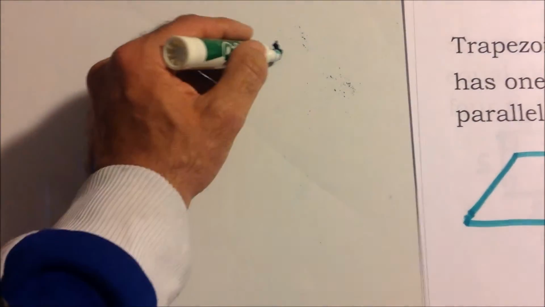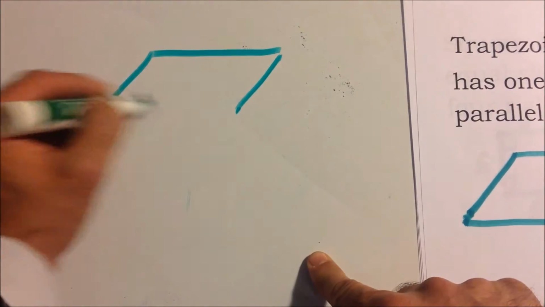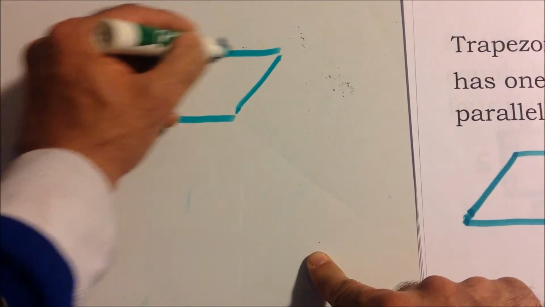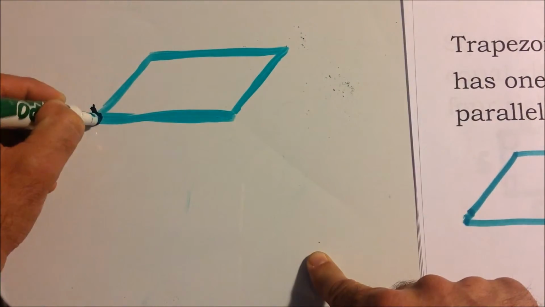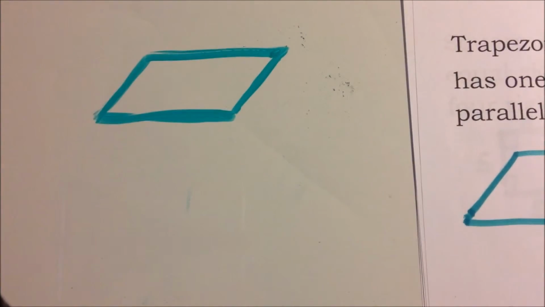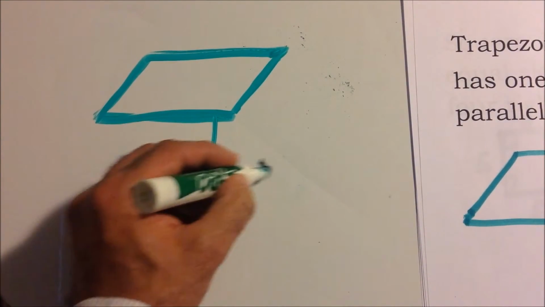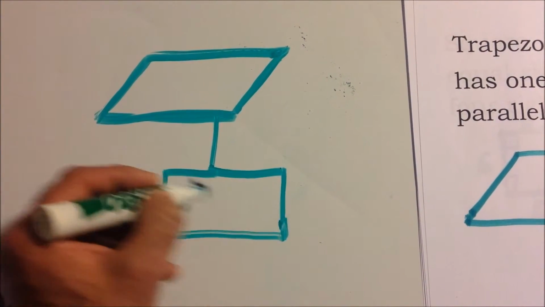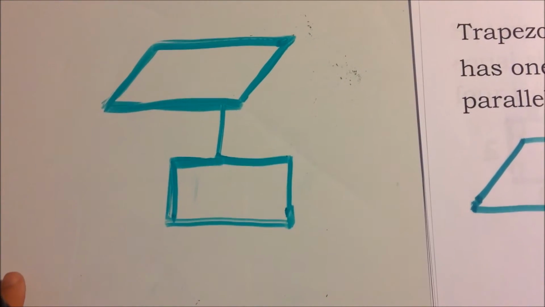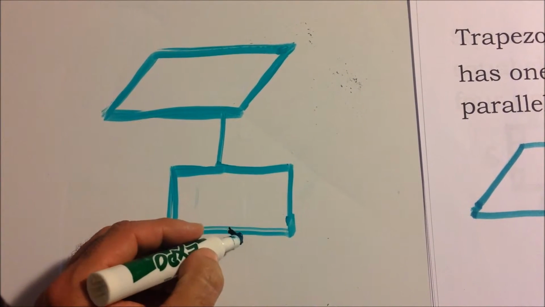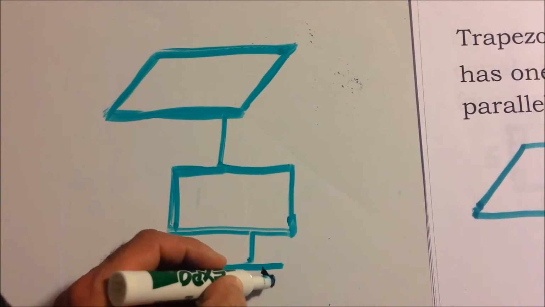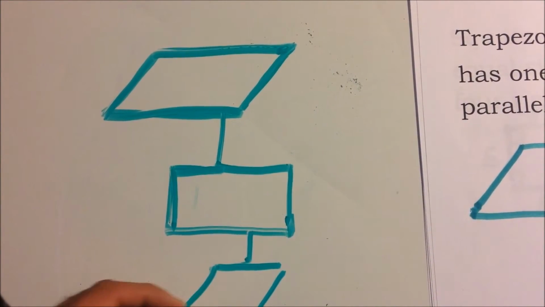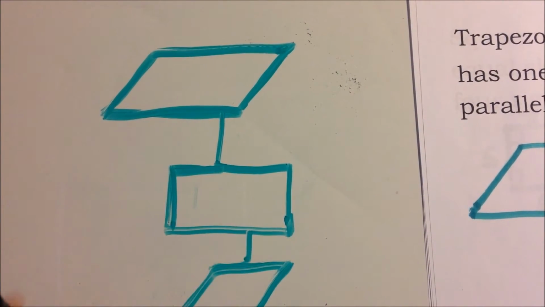So again, we can draw the shapes. We have our parallelogram, which is the top of the hierarchy, and the hierarchy is an order. Right? And then we have our rectangle. You can see here. And all these are quadrilaterals. Then we have our rhombus. Looks like this.